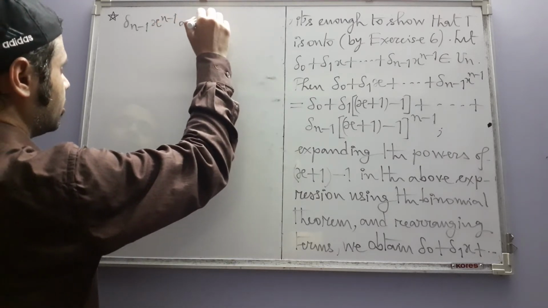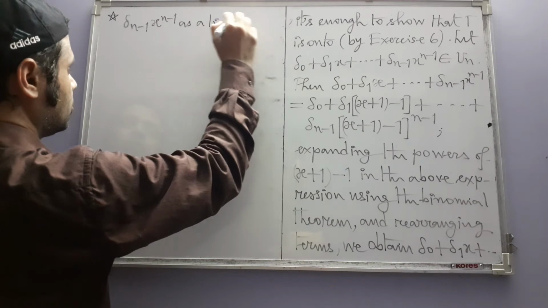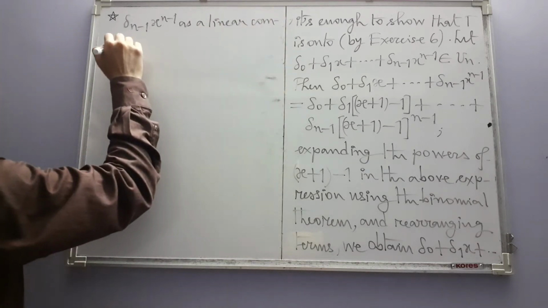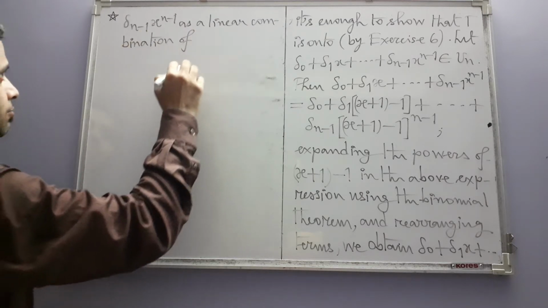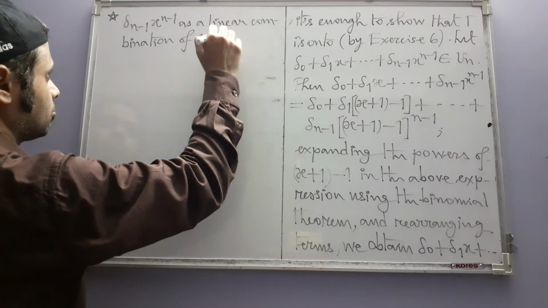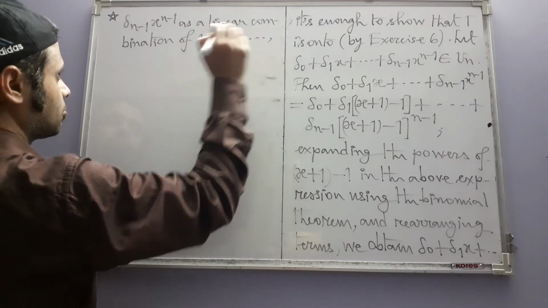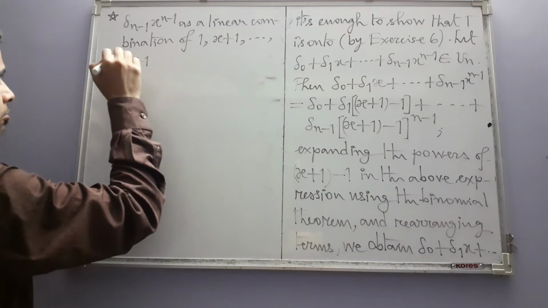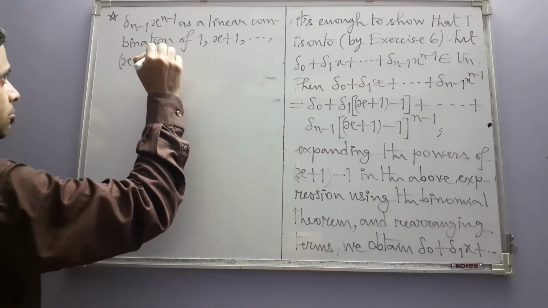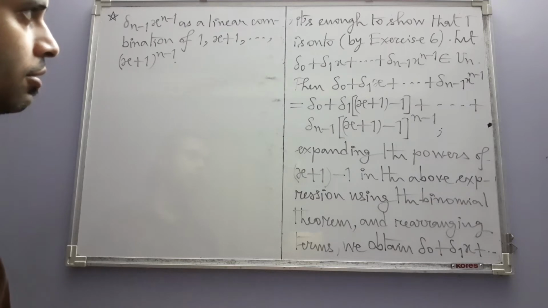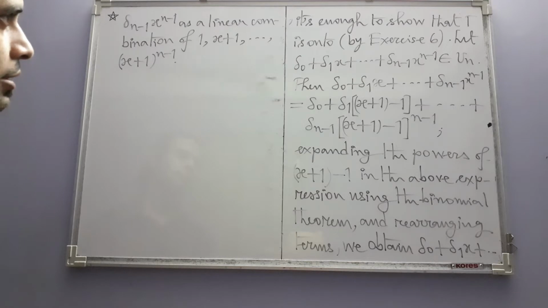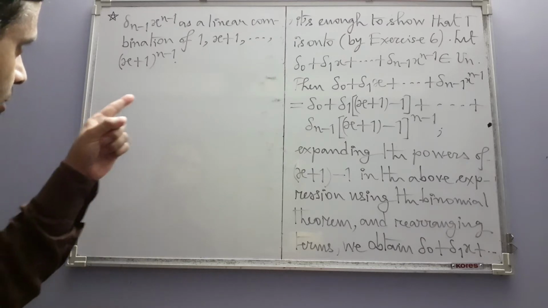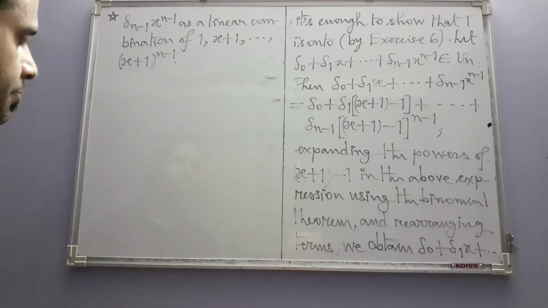As a linear combination of these. Okay, so that means what? It just simply means that Un itself is equal to the linear span of these powers of x plus 1.